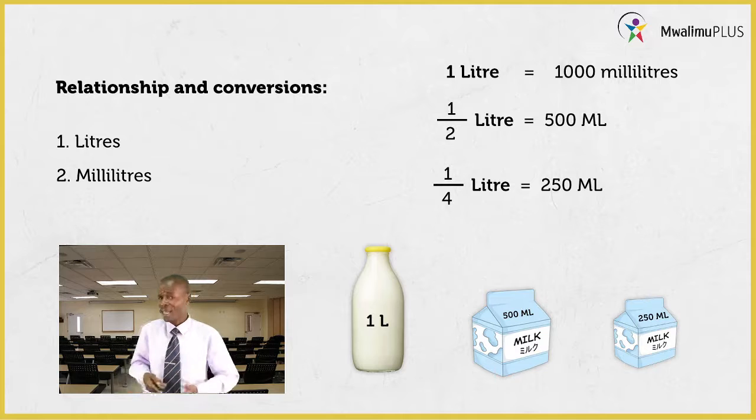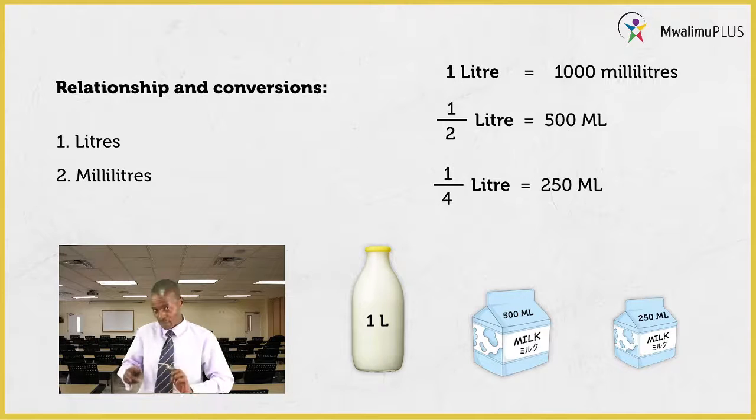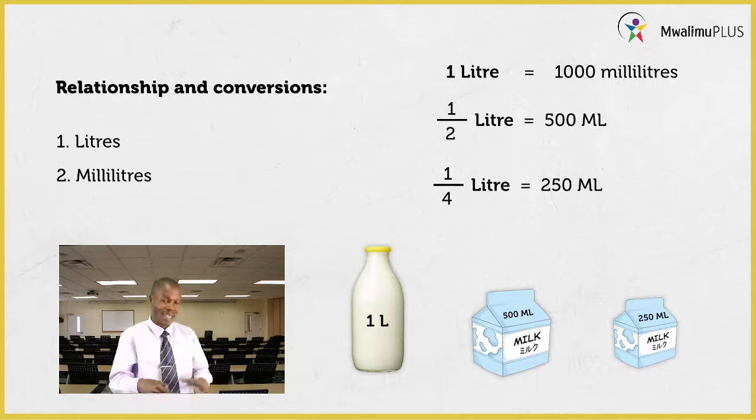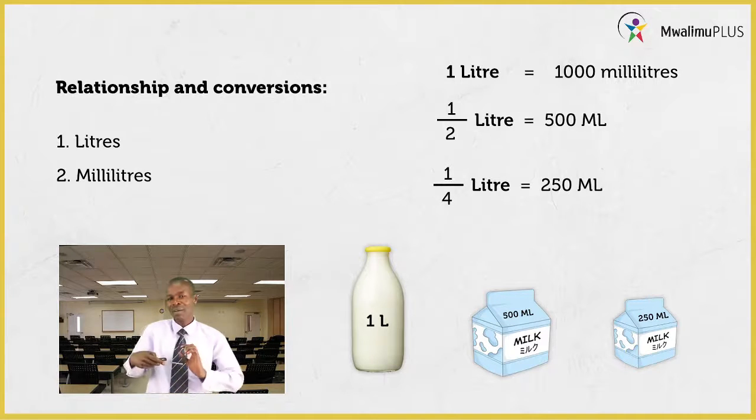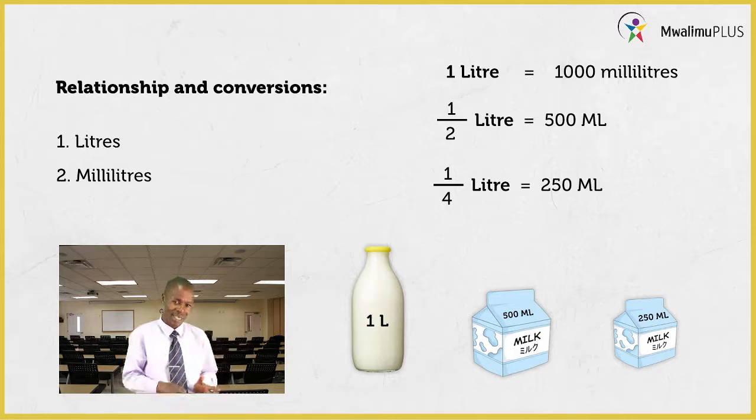Looking at 1 liter, 1 liter is equivalent to 1,000 milliliters. So you need 1,000 milliliters in order to make 1 liter. So that bottle that is written 1 liter is the same as carrying inside there the smaller units, milliliters, 1,000 of them. Then half a liter would be half of 1,000, and that is 500. A quarter of that would mean a quarter of 1,000, which is the same as 250 milliliters.